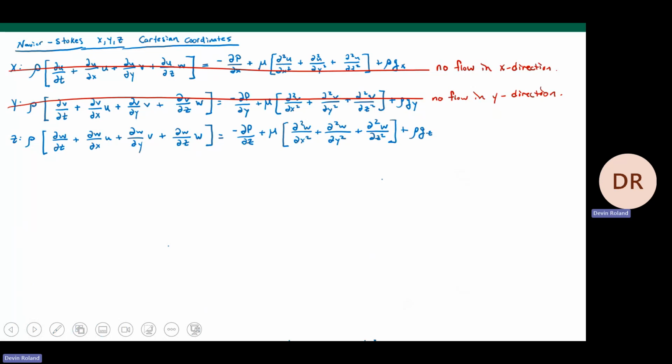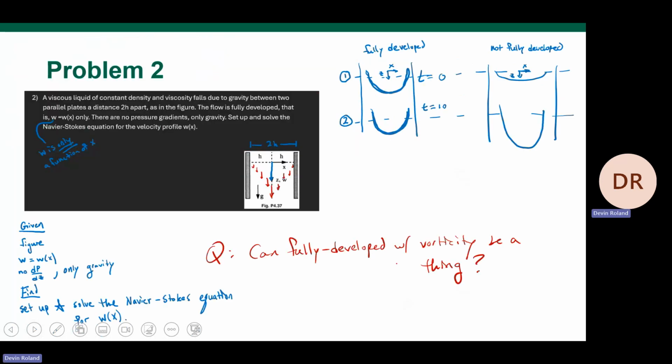So you can cross out y Navier-Stokes and x Navier-Stokes because all of those u terms, du dt, du dx, du dy, are all going to be 0. The pressure gradient in the x direction is 0. So I guess that's another interpretation of no pressure gradients. That is saying that dp dx equals dp dy equals dp dz equals 0.